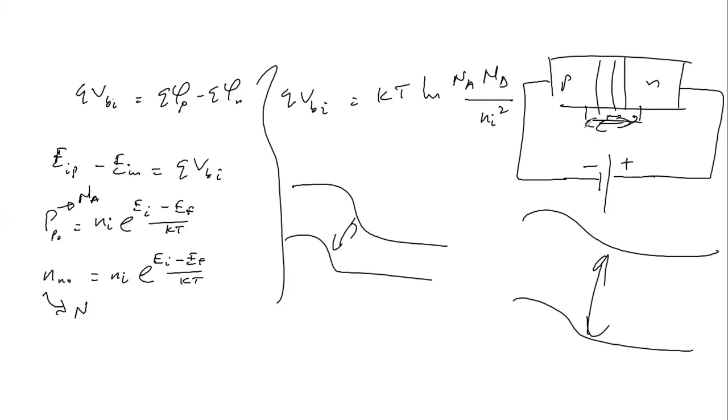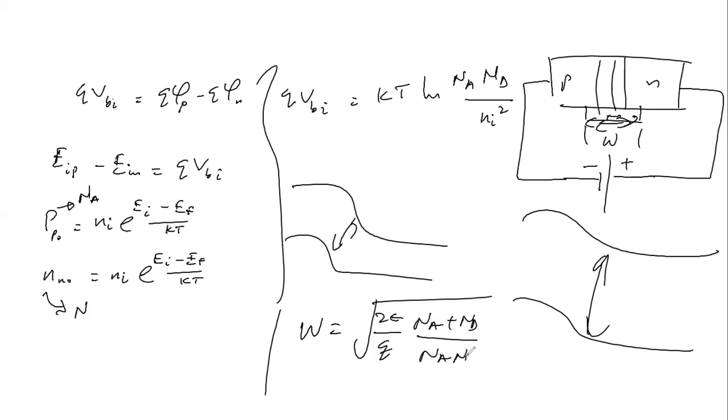Say this width, W. So also by deduction, we see that this is the same as the square root of 2 epsilon over Q times NA plus NB over NA NB times VBI.